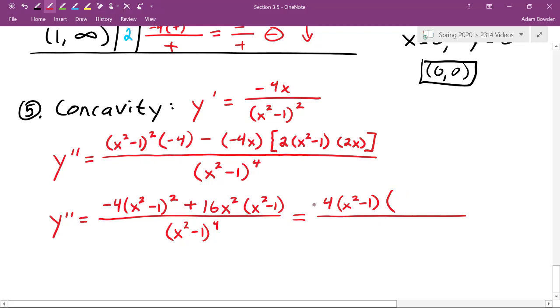To make this a little more convenient, let's make that a -4. I'm going to take that -4 in the front. If I do that, then moving the factors around, we'll have an x squared minus 1 here. Fortunately, we'll have to change this to a negative since I factored out a -4. -4x squared, all over x squared minus 1 to the 4th.